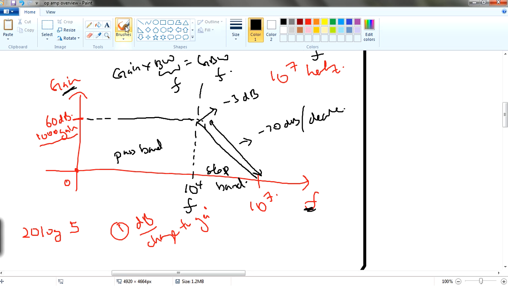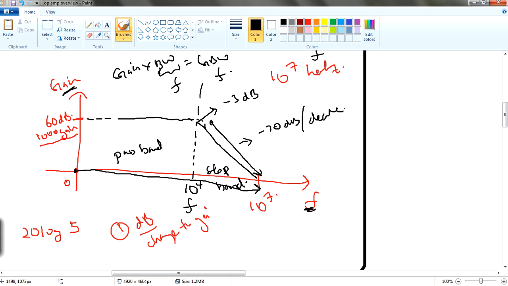So just another key thing is that along any of this, the gain bandwidth is always the same, 10 to the power of 7. So as your gain increases, your bandwidth will go smaller. If your gain is smaller, as you can see, your bandwidth is then big, up to 10 to the power of 7.